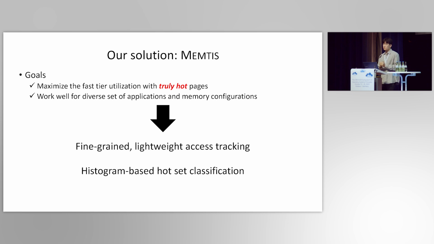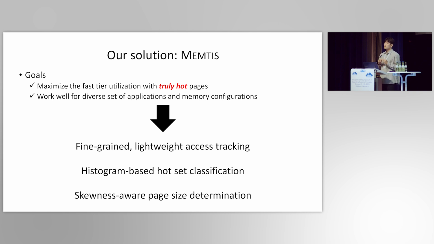Secondly, MEMTIS harnesses the overall access frequency distribution of pages in determining page hotness. It collects the distribution by using a page access histogram and properly fills the fast tier with very hot pages. Lastly, using a huge page is not always good for performance in tiered memory systems because not all subpages in the huge page are evenly accessed.